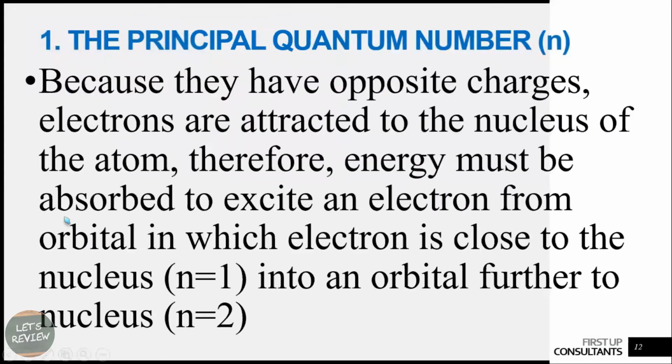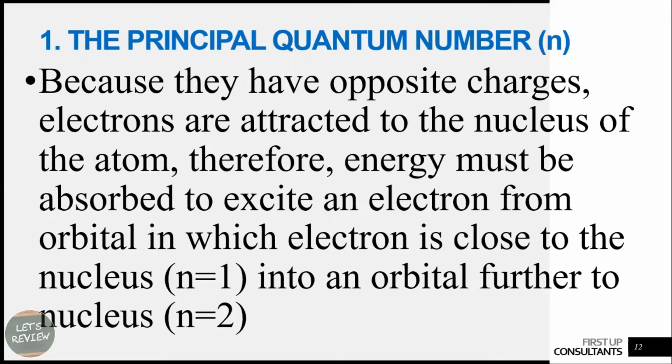So under this principal quantum number, because they have opposite charges, electrons are attracted to the nucleus, right? Electron is negative, proton is positive. Therefore, energy must be absorbed to excite an electron from an orbital in which the electron is close to the nucleus, n equals 1, into an orbital further from the nucleus.